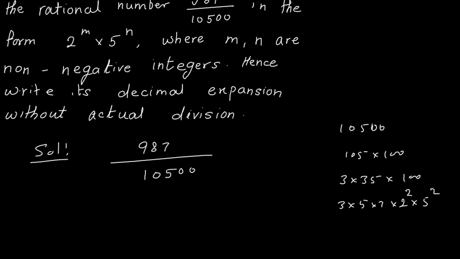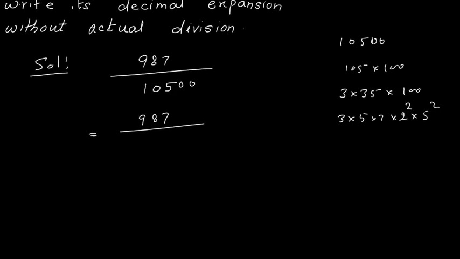So finally you can say that 987 you will write as 987 divided by 2 power 2 into 5 power 3 into 3 into 7. Okay, now let us see whether this 987 is divisible by 3 and 7. So 9 plus 8 plus 7 is 24, which is divisible by 3, so the number 987 is divisible by 3.